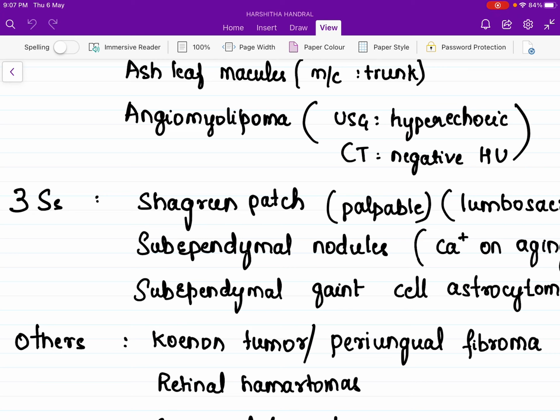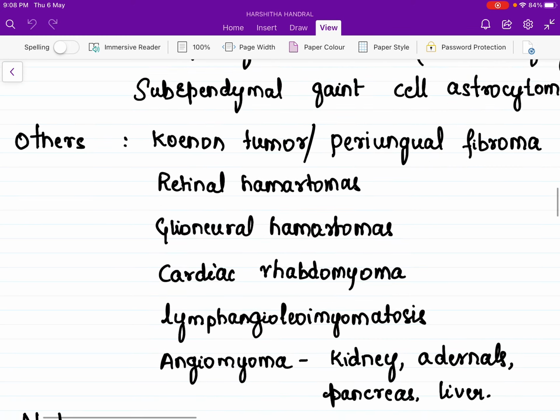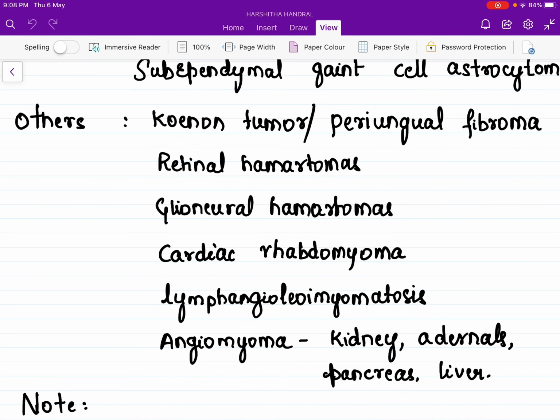So 3 A's, 3 S's, and now the other features are Koenen tumor, also known as periungual fibroma. These are periungual lesions, adjacent to the nails. These are fibromas that occur. And tuberous sclerosis, as I previously mentioned, involves hamartomas at various sites. It can be retinal hamartoma, glioneural hamartoma, cardiac rhabdomyoma, and adjacent to that, the lungs.